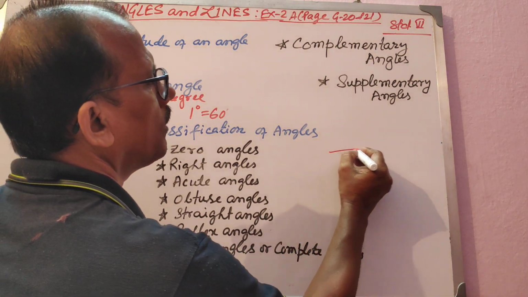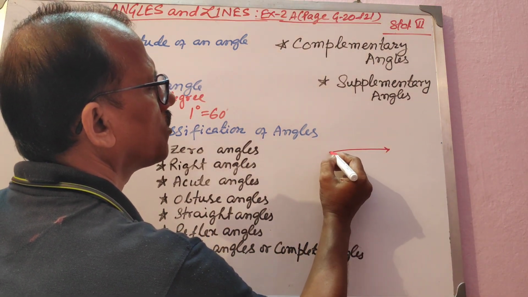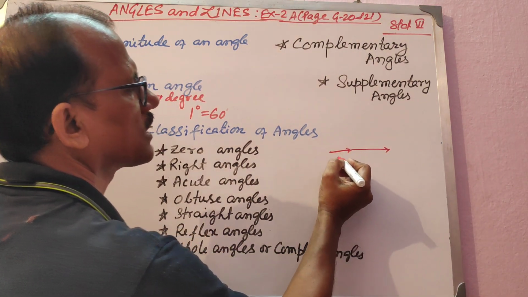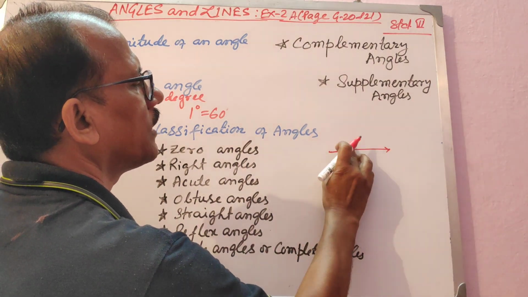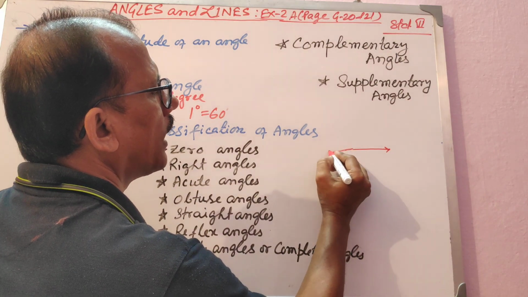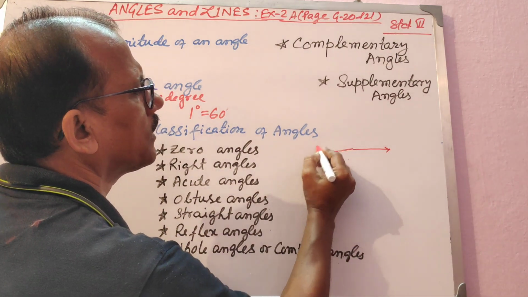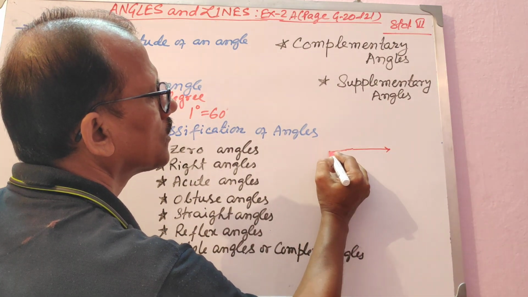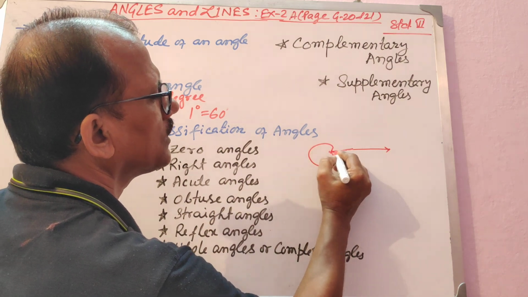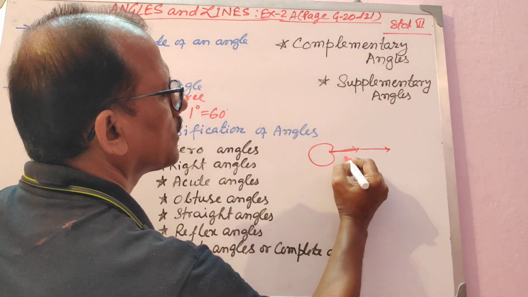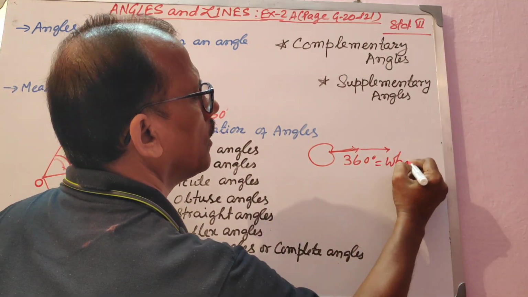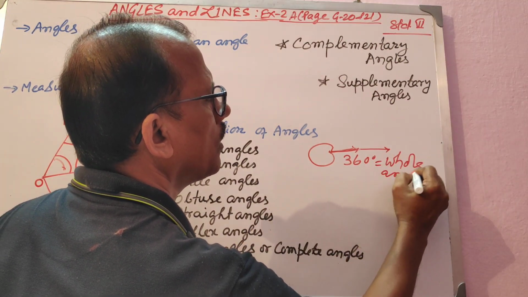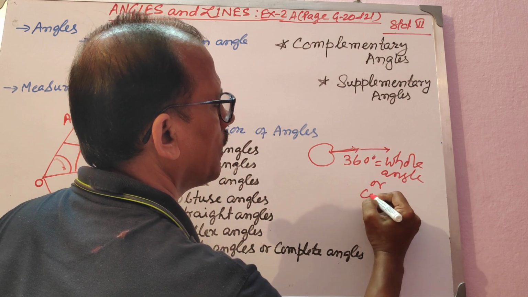On a point you have done the zero angle, no? Here for the zero angle, the ray comes and merges on the same ray. But when a ray comes, then another ray rotates completely and merges into it, that forms 360 degrees, which is equal to the whole angle, or complete angle.